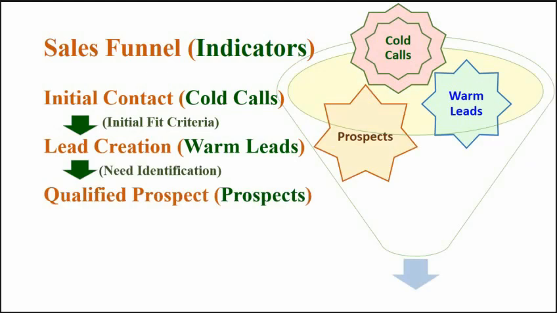The third step involves conversion of a lead into a qualified prospect. The link or the connection in the warm lead is developed further to understand needs of the customer deeply. Salesperson thus tries to find out any major barrier to sales.